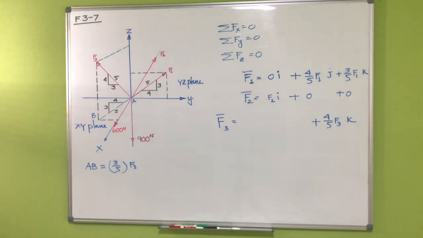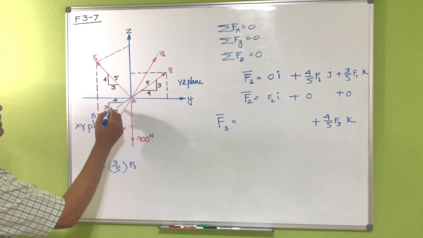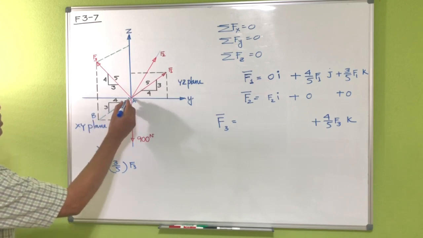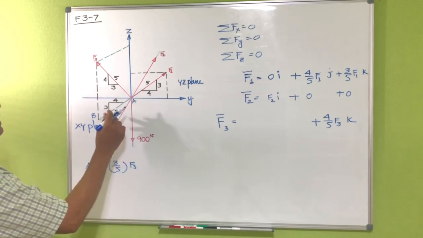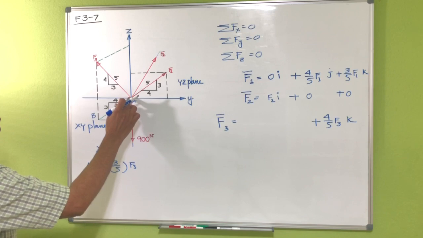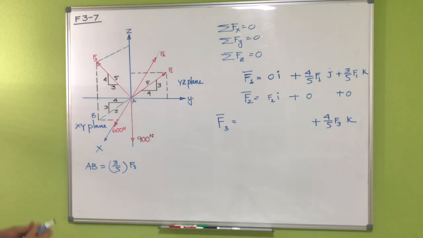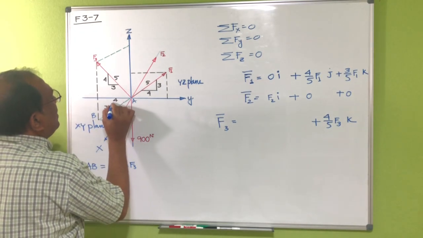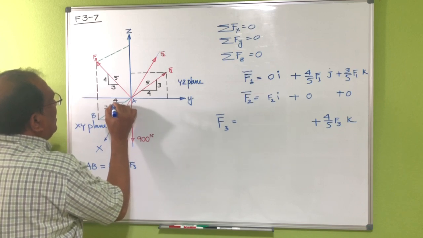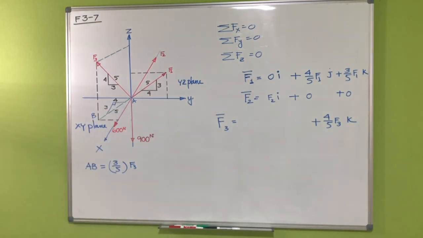If you resolve that into the y-axis and x-axis, then x would be 3/5 and y would be 4/5. Let me draw that a little differently. That's a 90 degree angle.